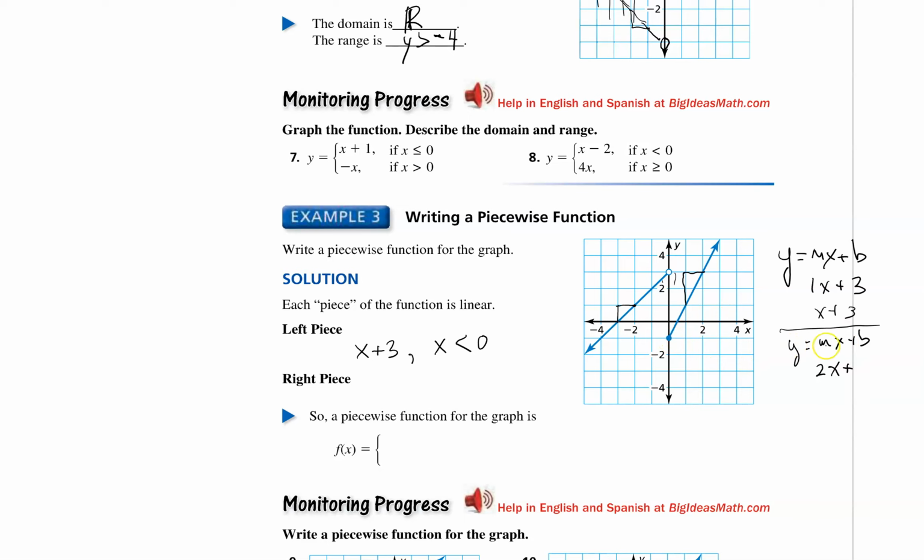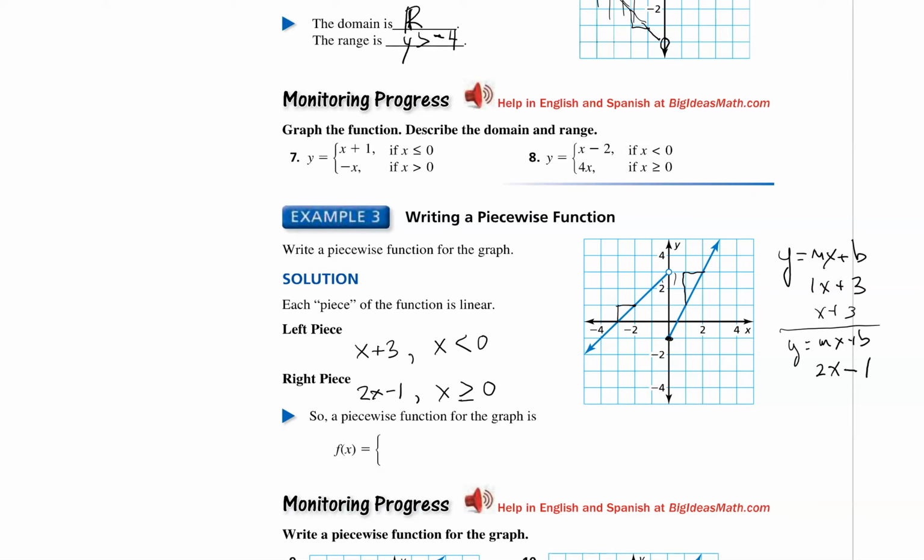So I'm going to change plus to minus and make that negative 1. And so the right piece is 2x minus 1, and that is for the domain of x greater than or equal to 0. And it's equal to because of the closed dot there at negative 1.